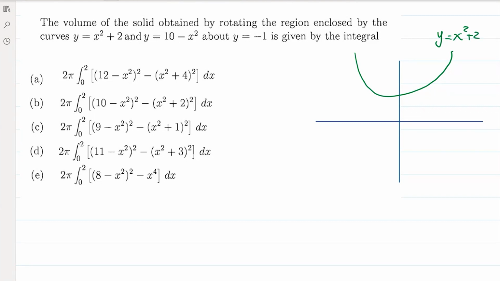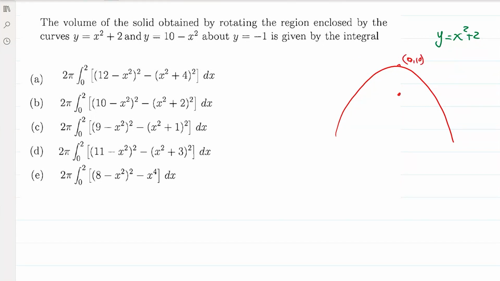And the second will also be a parabola, open down, with a vertical shift of 10 units up. Exactly. So this point here is (0, 10), and this one here is (0, 2).